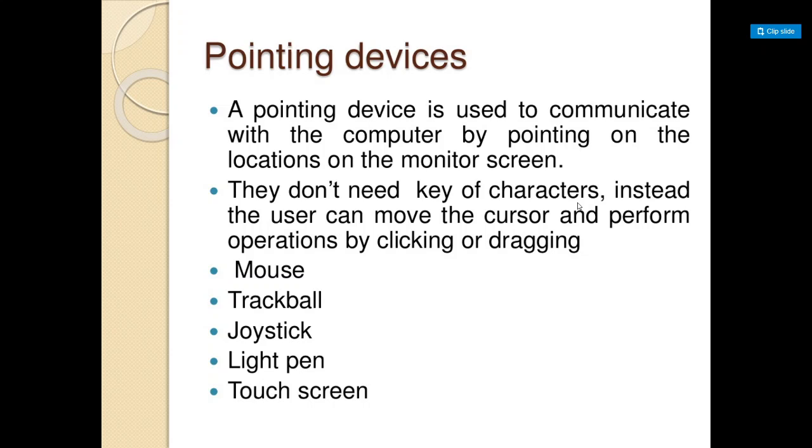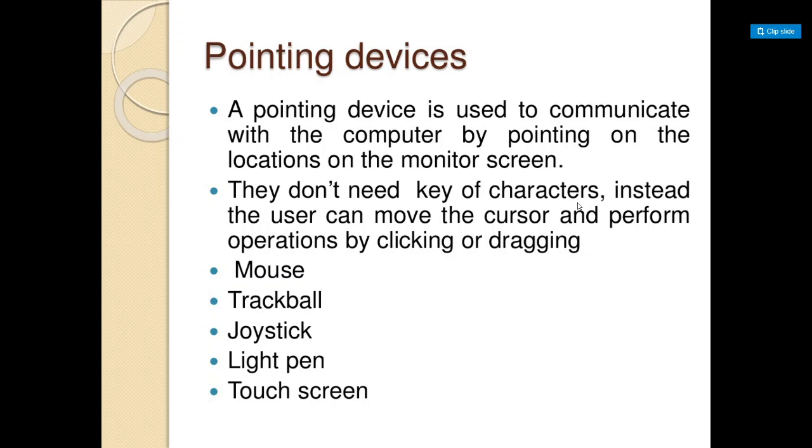Now the pointing device, that is the mouse, that we usually use. So why are there pointing devices? A little while back when we started using computers, there was no mouse in it, there was only a keyboard. Then why do you think pointing devices or a mouse came into existence? It's simply because it becomes easier.